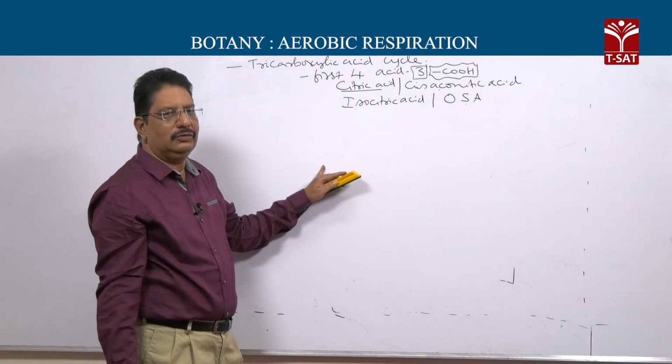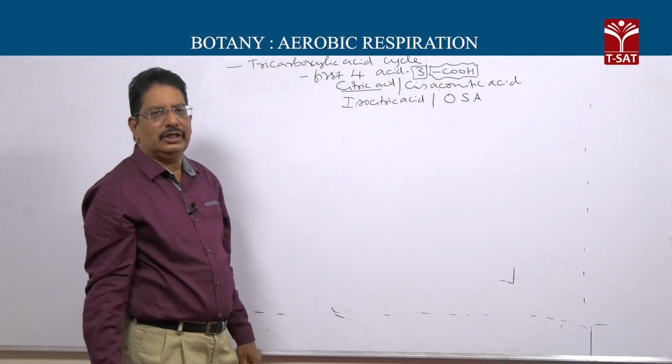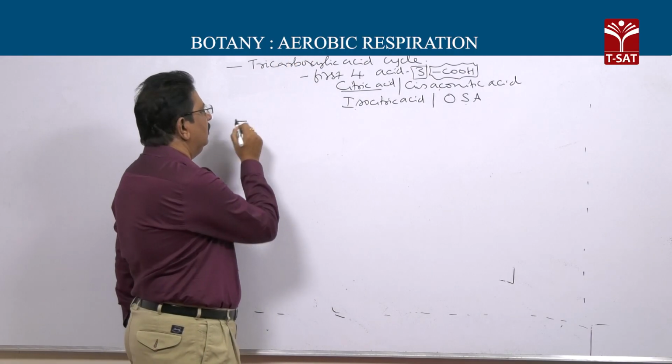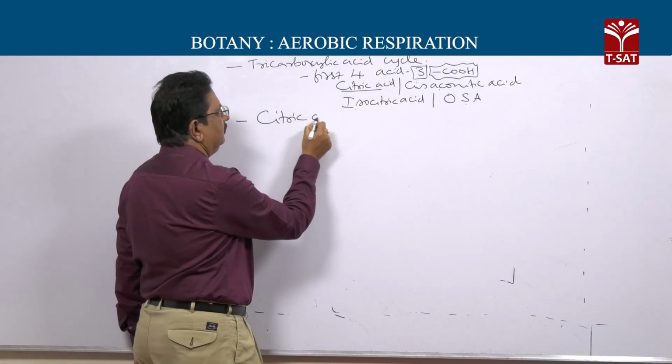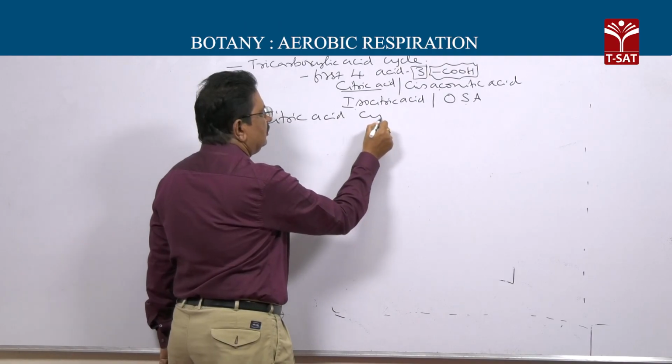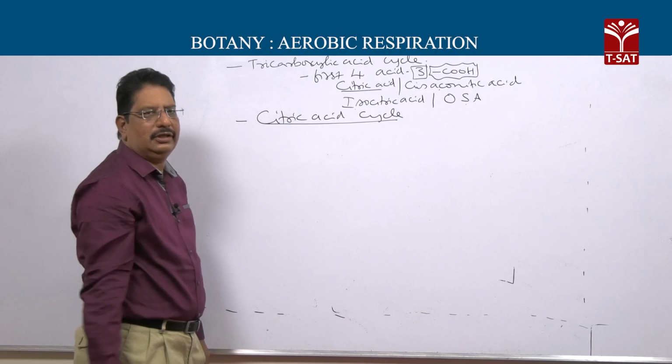Hence this pathway is named the tricarboxylic acid cycle, and it is also called the citric acid cycle. Why is it called the citric acid cycle?